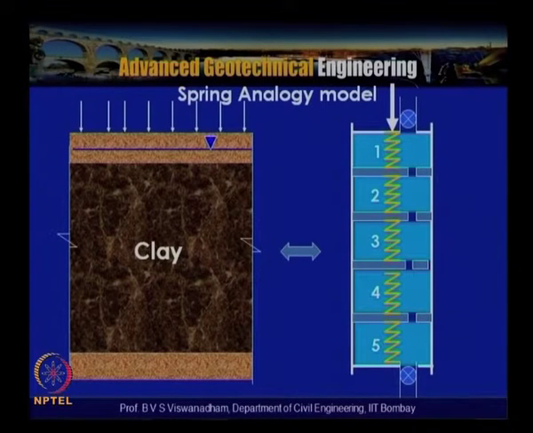But in order to explain the consolidation behavior of a soil layer having two open sand layers at top and bottom, which have high permeability, and let us assume this is the water table, below which the soil is completely saturated, and it is subjected to a certain increase in the load, say delta sigma. This situation can be modeled in an analogous way using the spring analogy model.